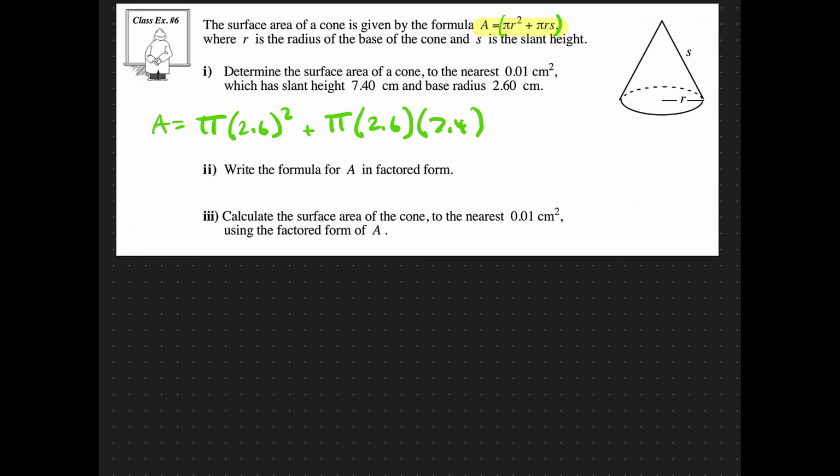All I really have to do is just punch this entire string right here into the calculator as I see it. So pi bracket 2.6 bracket squared plus pi bracket 2.6, close and open another bracket, insert a 7.4, close that bracket, hit enter.